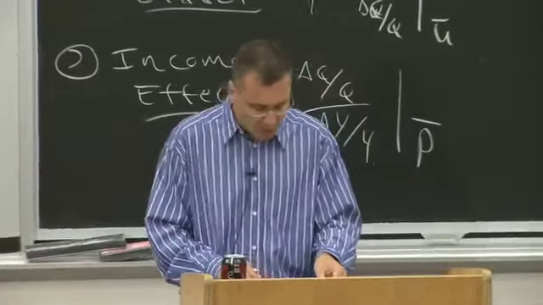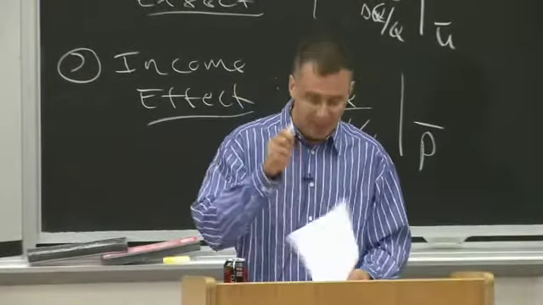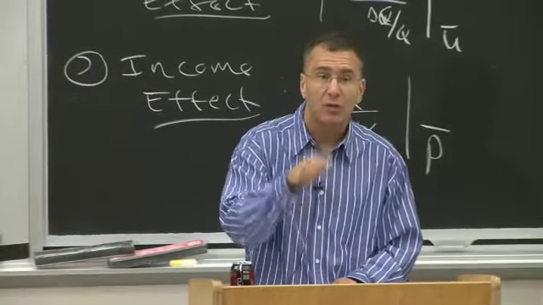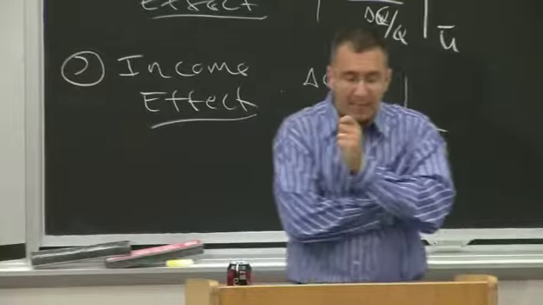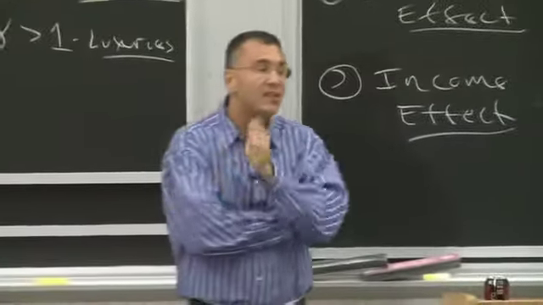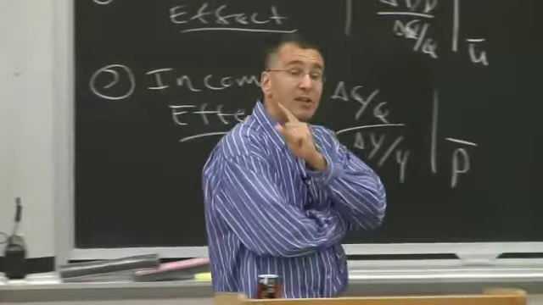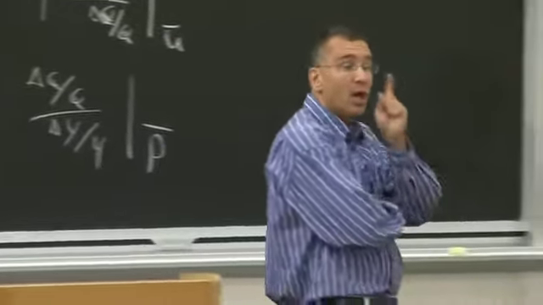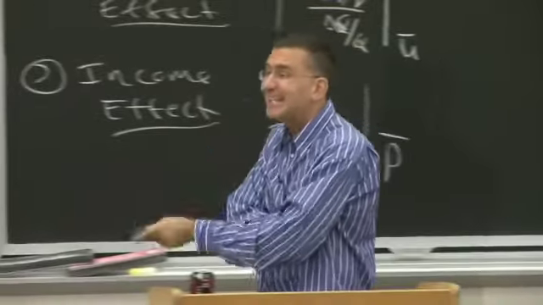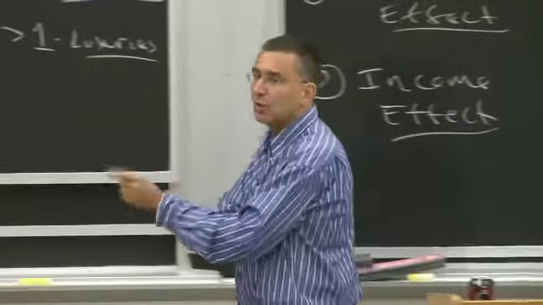So what I want to do is one more thing before we stop, and then I'm going to come back next time and go back over this and then talk about some applications. What I want to say right now is the following. The sign of the income effect is ambiguous because it depends on whether it's a normal or an inferior good. The substitution effect is unambiguous.